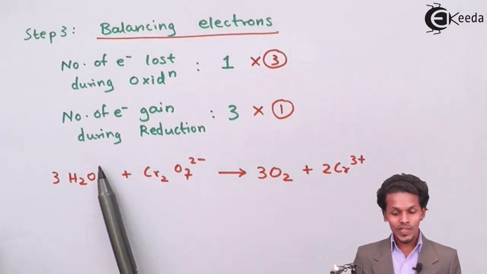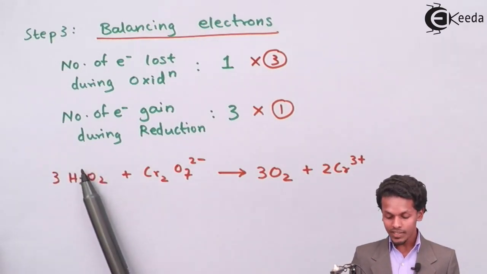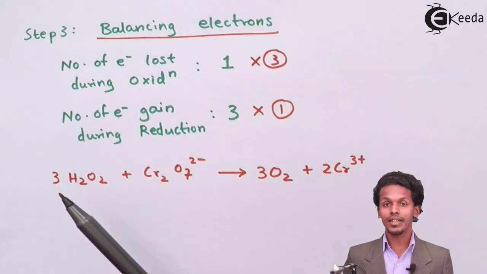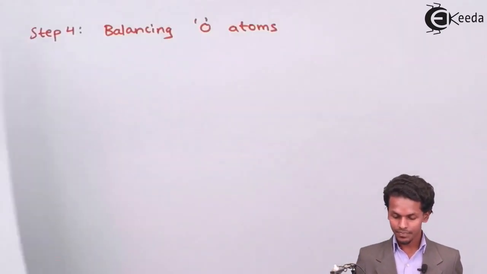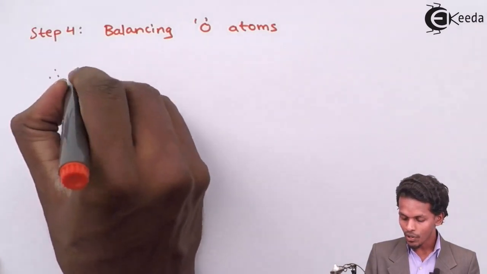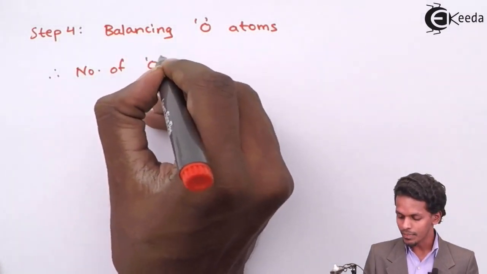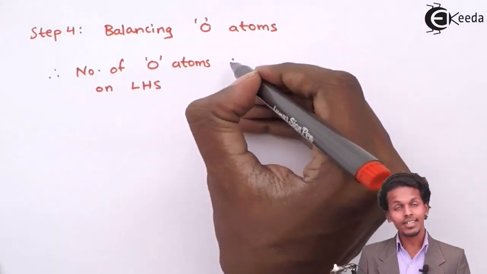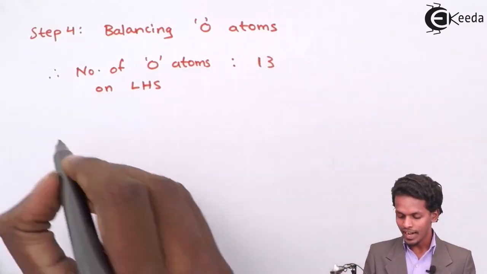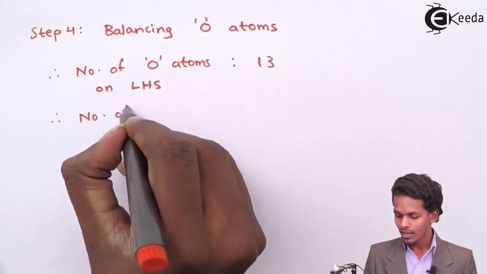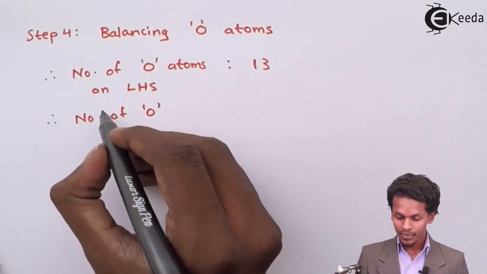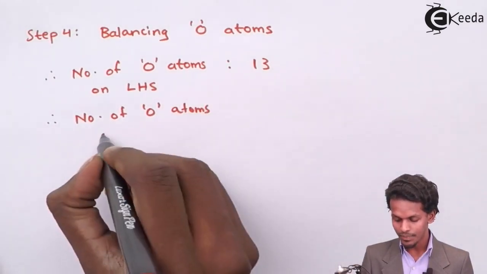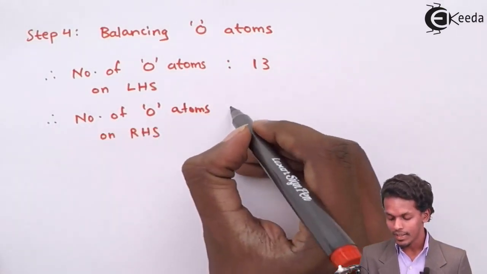So the overall 6 from H2O2 plus the 7 oxygen atoms will give an answer of 13. So I can write the number of oxygen atoms on the left hand side, or the reactant side, as 13. Now we are going to calculate the number of oxygen atoms present on the right hand side, the product side.